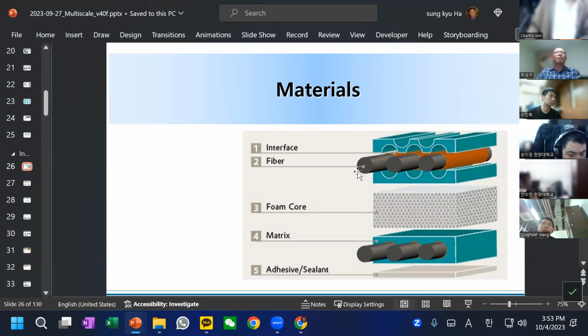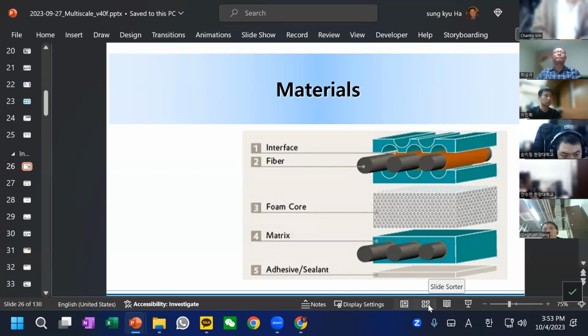So you, as a designer, need to understand the manufacturing procedure, and you need to understand the mechanics of composites: understanding of the fiber, understanding of the resin, and understanding of the interface. This color represents the interface, which represents the bonding between the fiber and the resin system.